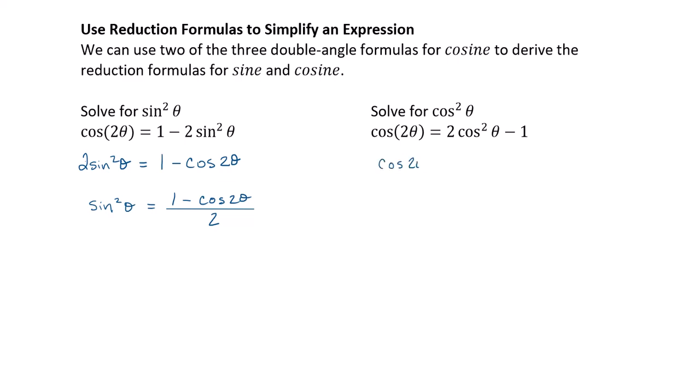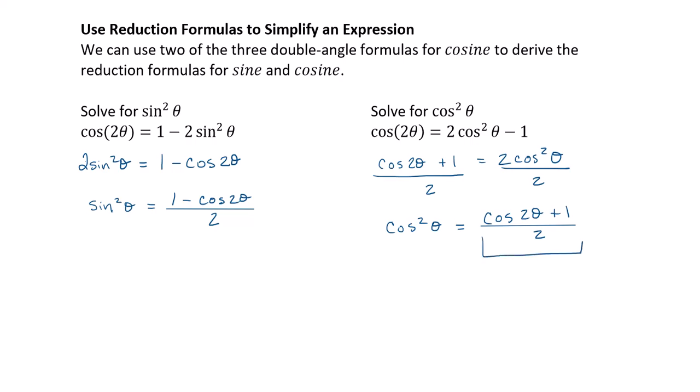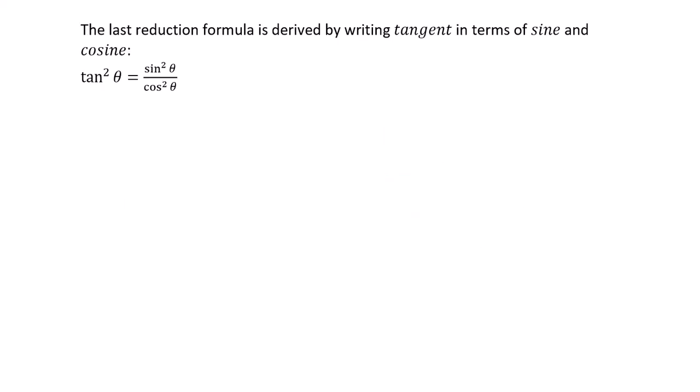This gives me a cosine 2 theta plus 1 equals 2 cosine squared theta, and then simply divide by 2 so that we can get cosine squared theta by itself, and it equals cosine of 2 theta plus 1 all over 2. Again, we've reduced the power on the cosine squared theta, so we don't have an exponent here anymore.